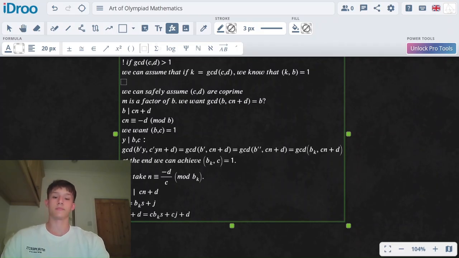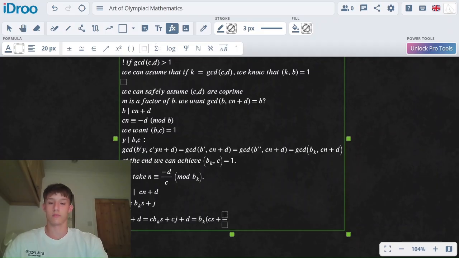And we know that Cj plus d is divisible by bk, and we now want to show that nothing more than bk is divisible by that. So let's separate bk from Cn plus d and get Cs plus (Cj plus d) over bk.